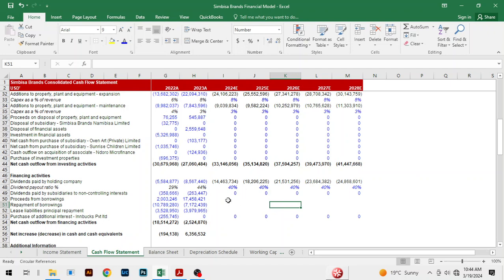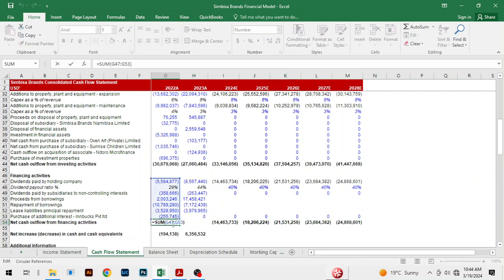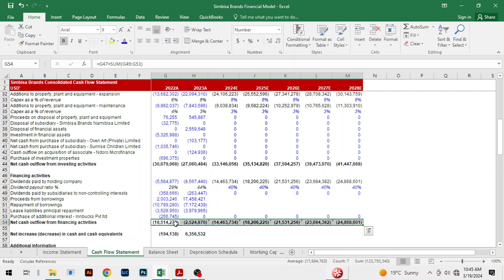And for the others we leave them blank for now. So let's just audit our formula as well. You will see that it's not working, so we need to change the formula. So we need to say this plus, like this. Perfect.